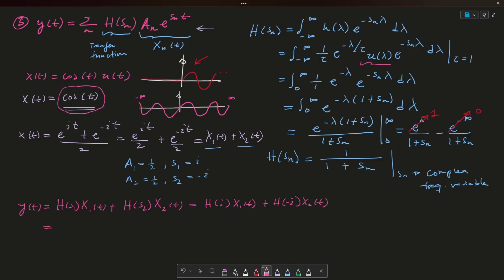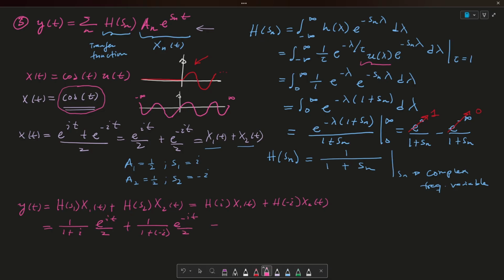So then we get h of i is 1 over 1 plus i, times x1 of t, which is simply e to the it over 2, plus h of minus i, which is 1 over 1 plus negative i, times x2 of t, which is e to the negative it over 2.